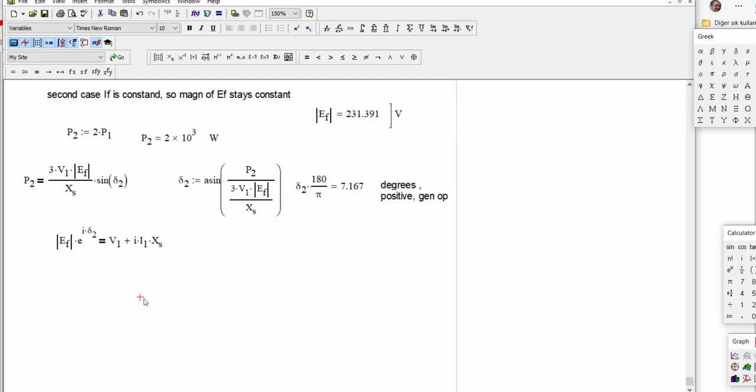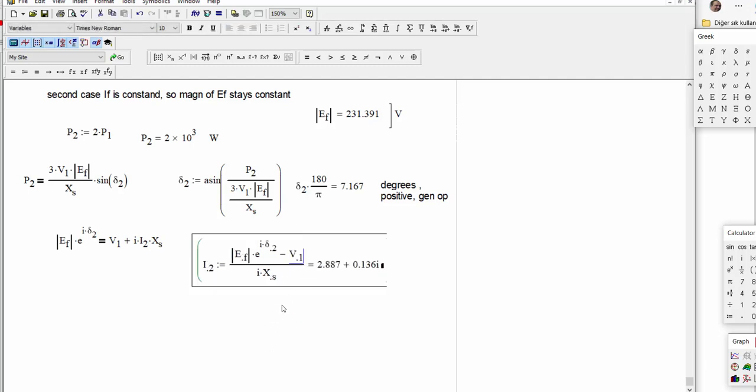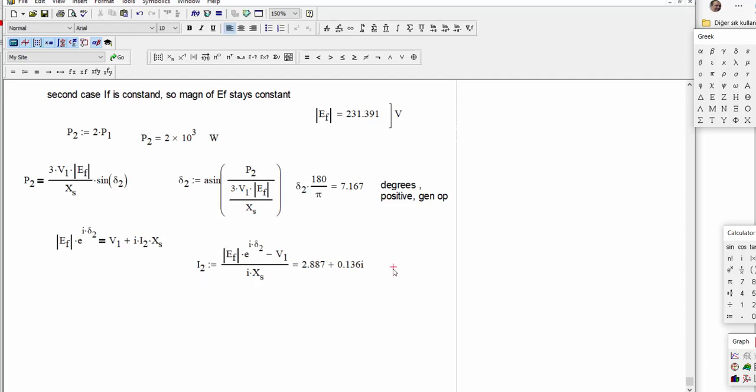So the new value, let me say I2, the new value of the current, will be calculated here. If you solve for current here, the current has such a value in amperes.